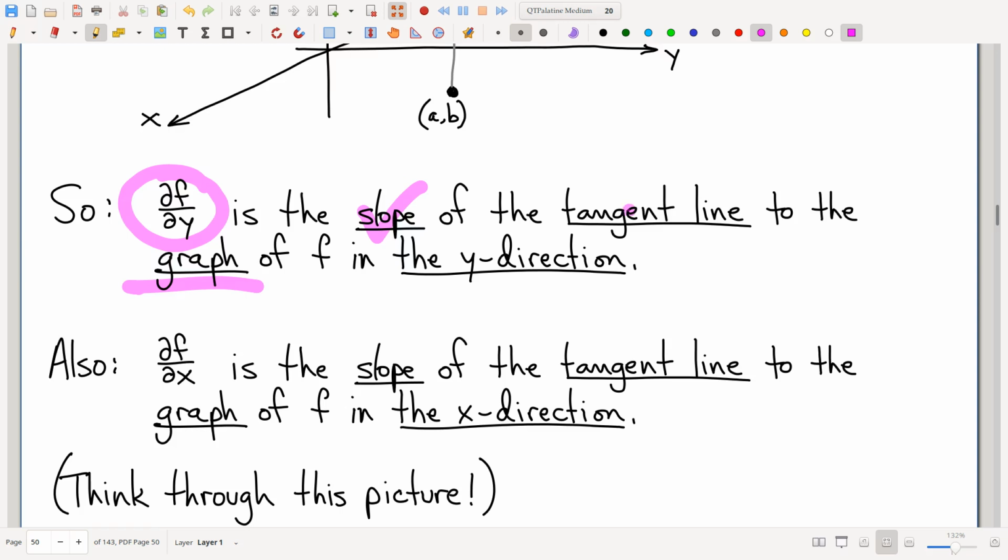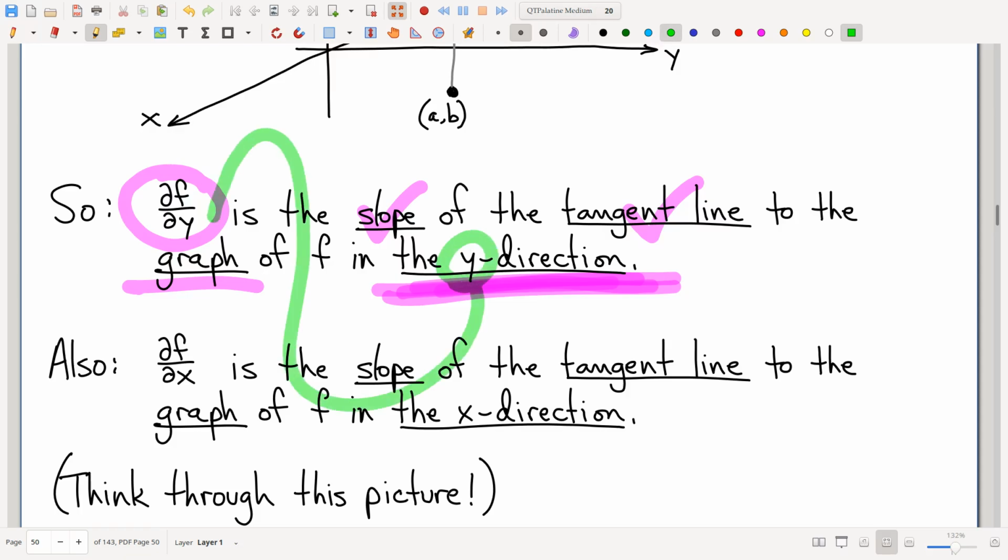To be clear, it's the slope of the tangent line. To be a little bit more clear, it's the slope of the tangent line in the direction of the axis of the variable that you're taking the partial with respect to. So y partial is the slope in the y direction. Is that cool? Is everybody happy with that?